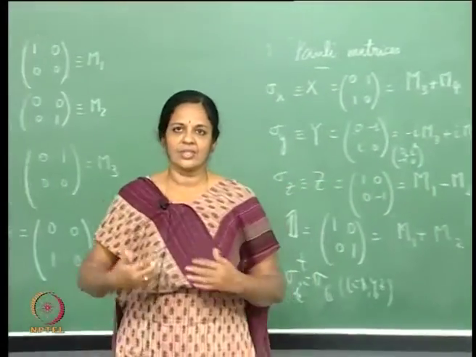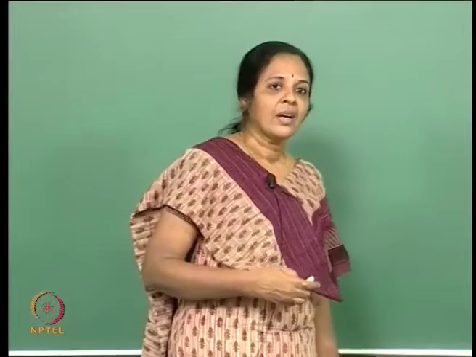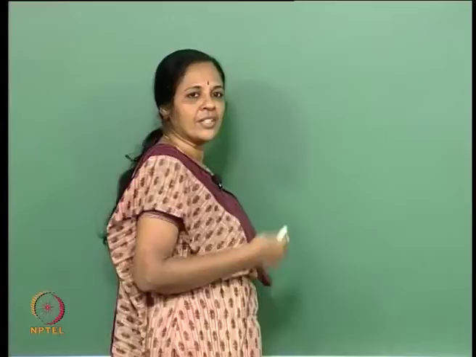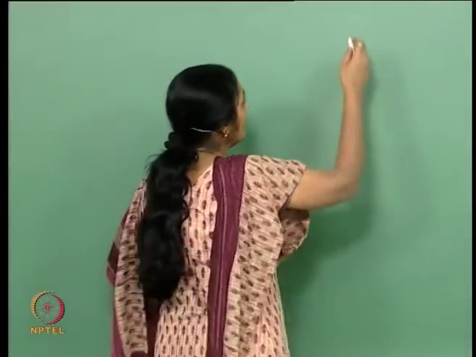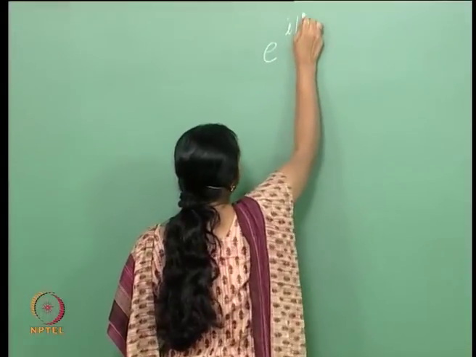So, it changes the basis. You can also check that this object is a unitary matrix. I can also produce unitary matrices by exponentiating the Pauli matrices. Remember, the Pauli matrices are Hermitian matrices.